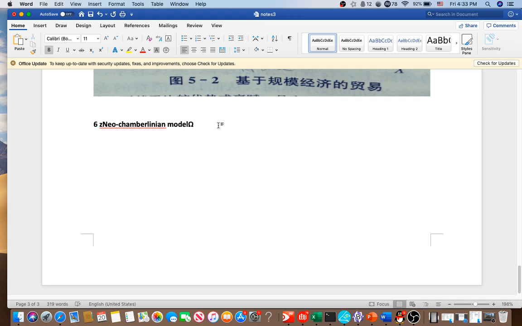We assume that the economy has only one factor, that is labor, at a fixed supply.